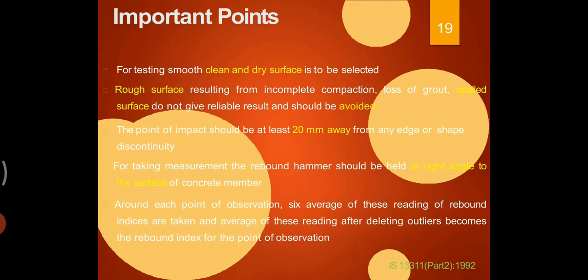For taking measurements, the rebound hammer should be held at right angles to the surface of the concrete member. Around each point of observation, 6 readings of rebound indices are taken, and the average of these readings after detecting outliers becomes the rebound index for the point of observation.